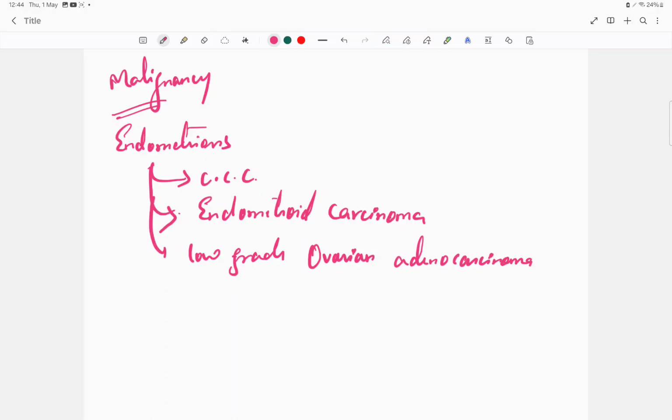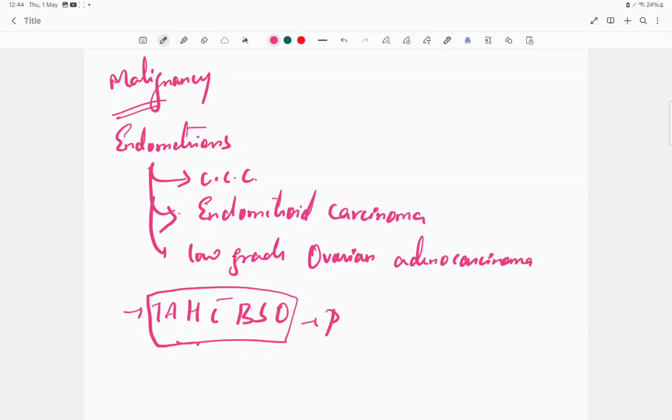But to remove these remote complications also, what do we do? Total abdominal hysterectomy with bilateral salpingo-oophorectomy is usually performed, and is the treatment of choice for perimenopausal women.